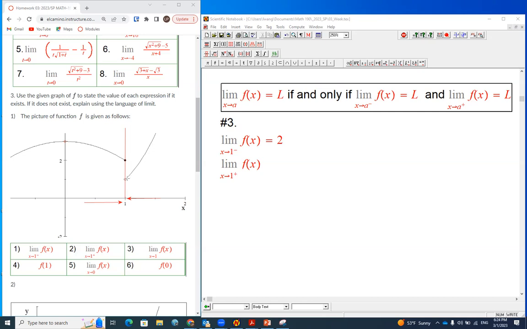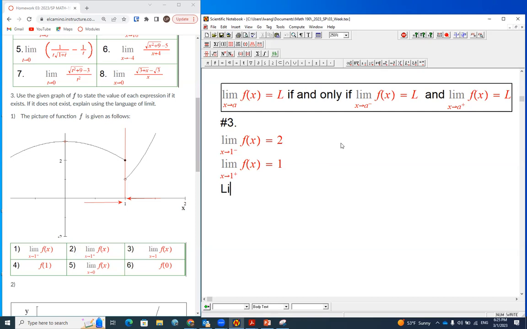And this other piece gives us a number that's close to 1. When we approach 1, as close as possible to 1, the limit is going to be 1. So this is the situation where the limit exists on both sides, but they're not the same.